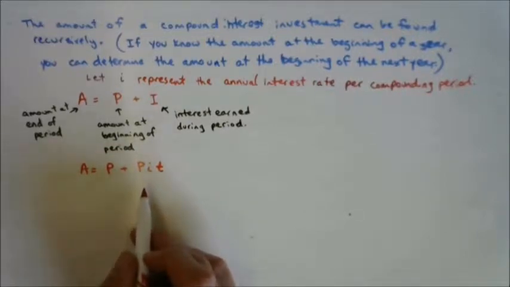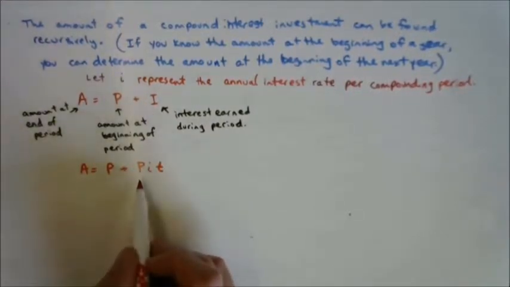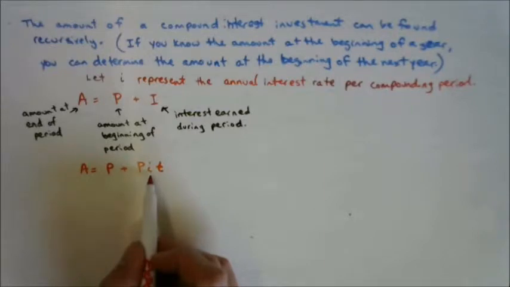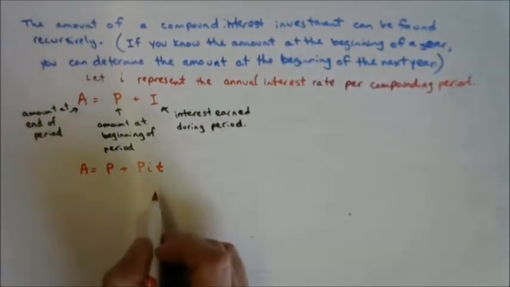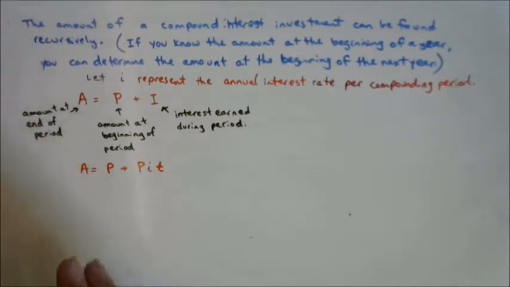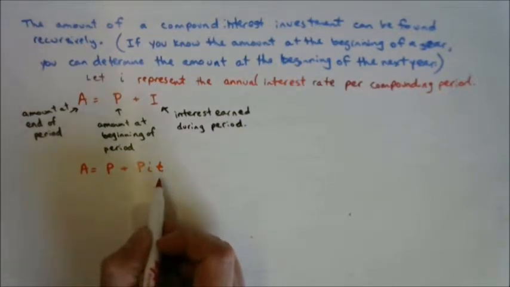Does that make sense? So the interest that you earned during that period is the principal multiplied by your interest rate for the amount of time that you've left it in there. Now, we're just considering one compounding period, in this case 1 year, so t is actually 1.